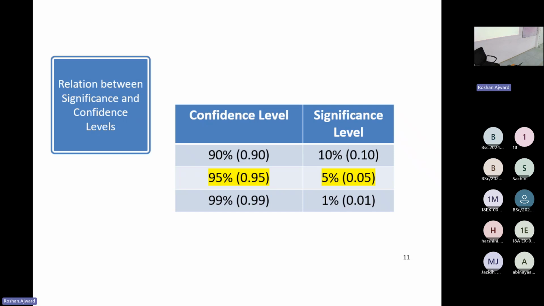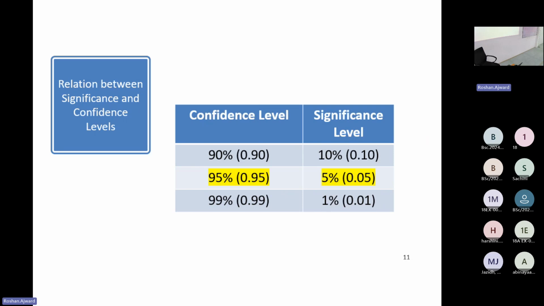Would you prefer 95, 90, or 99? 99, right? Higher confidence is better. But in statistics, it says at least you should have 95% confidence to say that there is a real relationship or a real impact. 95%, that's the accepted norm in statistics.